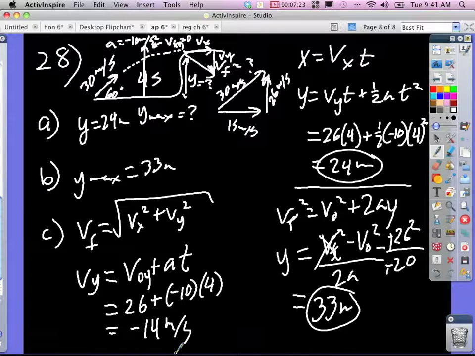So here we have 15 meters per second and then 14 meters per second, which is going to come out to be around 15, right? So it's 225 plus 196 and whatever that comes out to be.